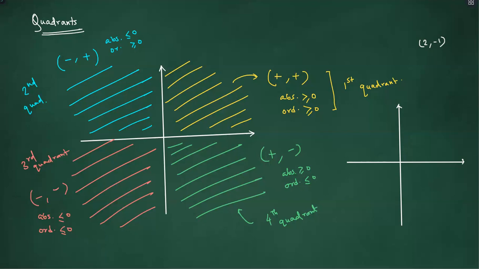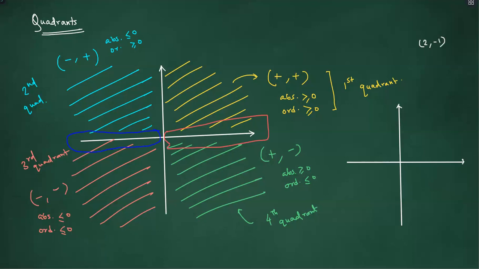It's very simple. If I'm talking about 2 comma negative 1, the simple trick is that first of all, 2 has no negative sign, so it's going to be towards the positive x-axis. Anything over here is the positive x-axis, and anything over here is the negative x-axis.